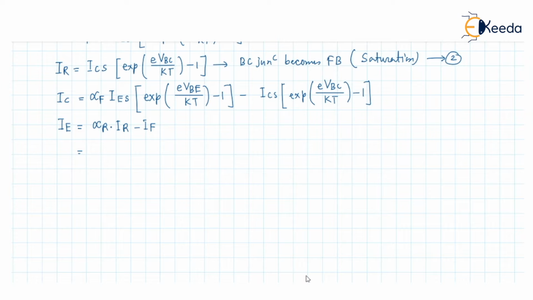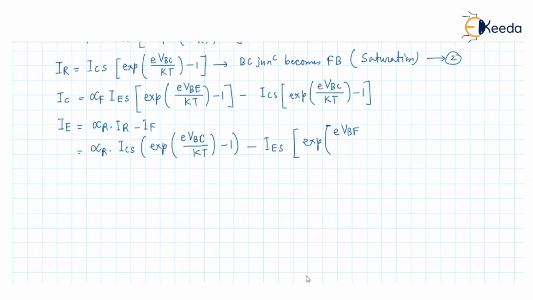If we put in the values of IR and IF, we get alpha R into ICS into exponential of e VBC by KT minus 1, minus IES into exponential of e VBE divided by KT minus 1.